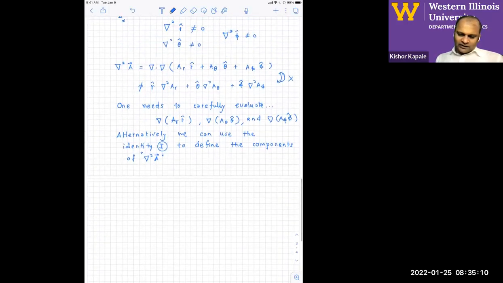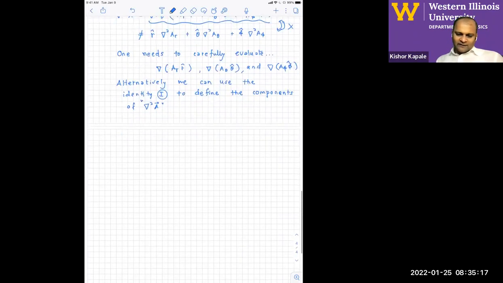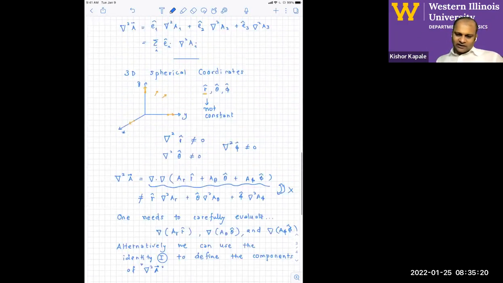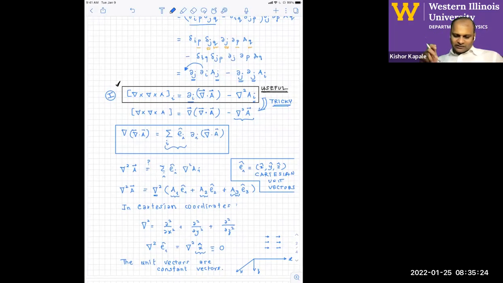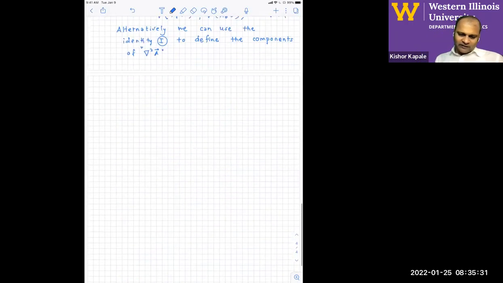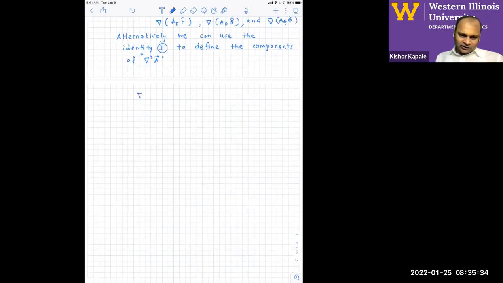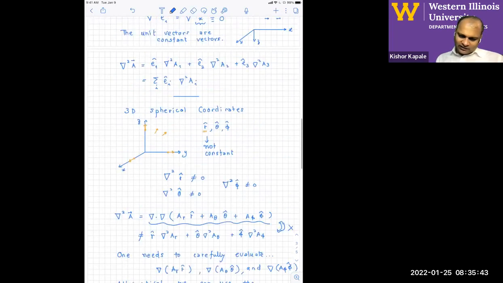Either you do all this tricky and complicated business of taking the derivatives of r hat, theta hat, phi hat, that's time consuming, or we could just use the previous identity. This is immaterial of the coordinate system. The rest of the quantities, let's assume they're easy to evaluate. And so del squared A, which is the tricky one, we can simplify our work by just writing down, let's say I want to know the phi component of del squared A. That is simply going to be, okay, so let's take a look at this.